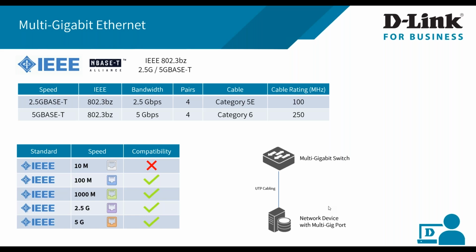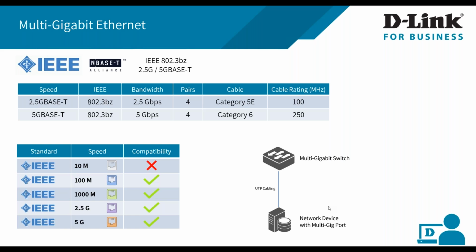Basically, we think it's a game changer for enterprises, because 2.5 Gbps means 2.5 times higher bandwidth, and 5 Gbps means 5 times higher bandwidth compared to the previous standard, that is 1 Gbps. So there will be an improvement in the network performance.